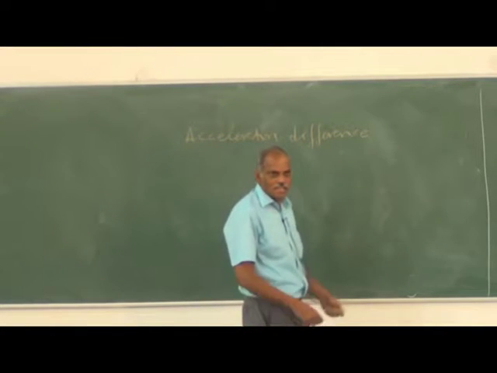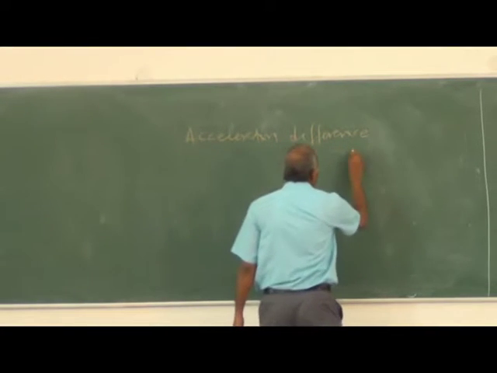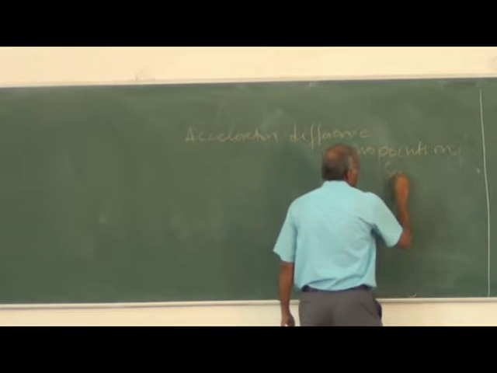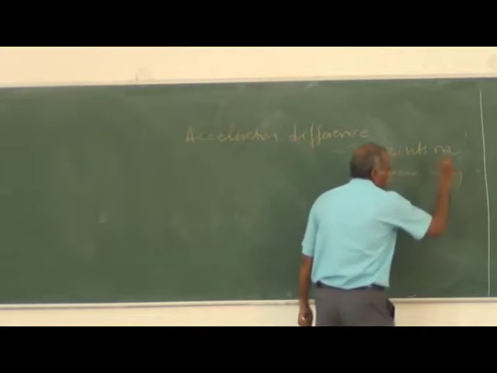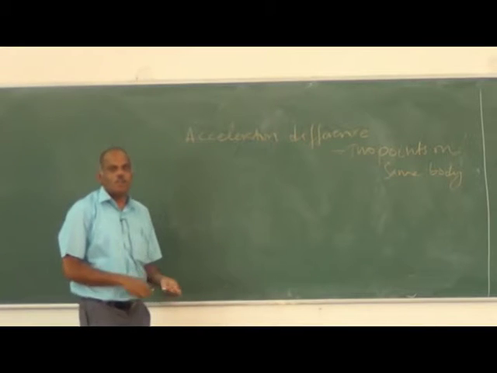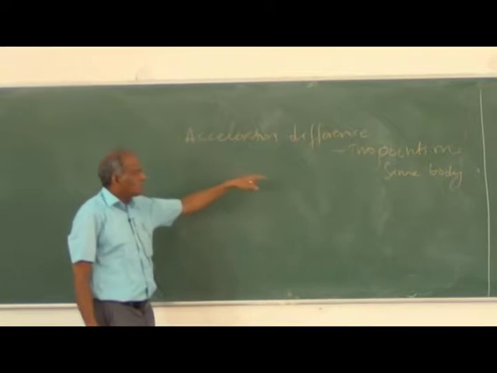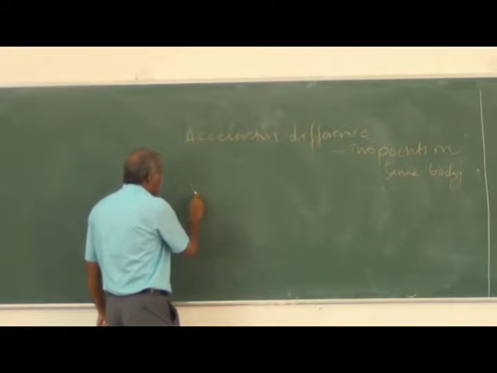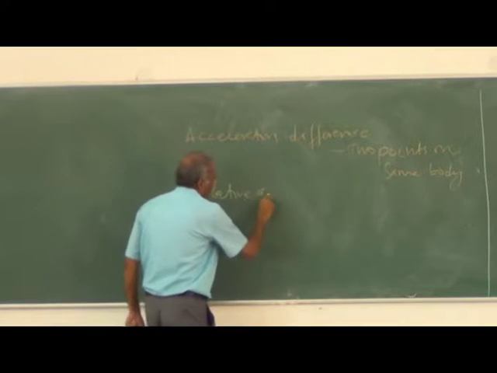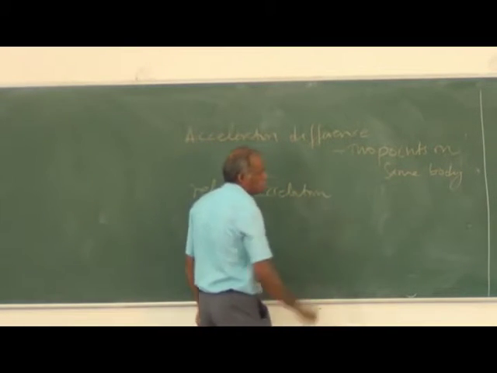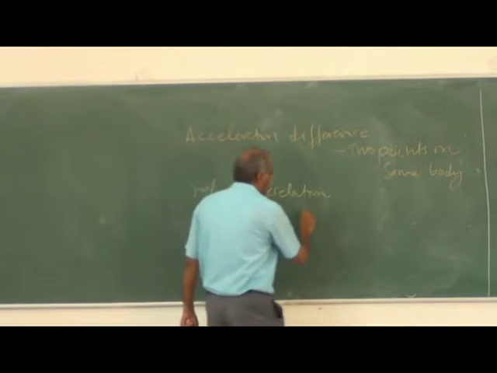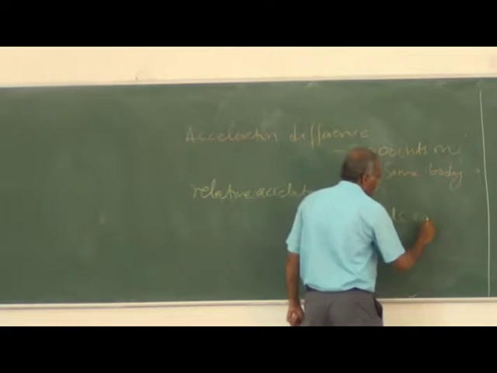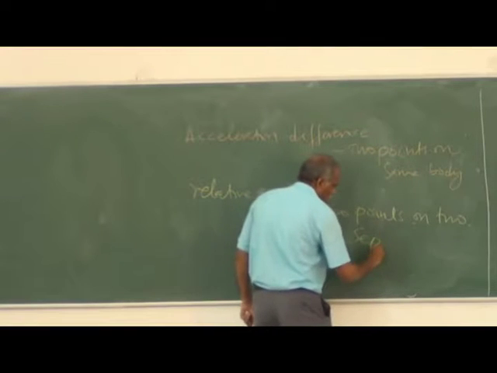The acceleration difference is the difference in acceleration between 2 points on the same body. Then we have relative acceleration, that is the acceleration difference between 2 points on 2 separate bodies.